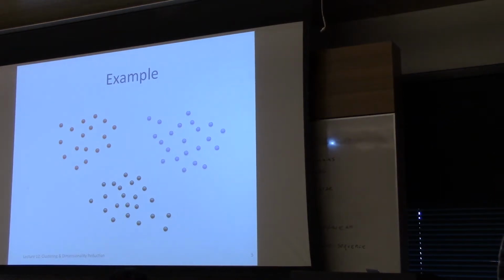The idea of clustering is, given just data points, think of these as just x's, and in this particular case, 2-dimensional x's, find the number of clusters and cluster the data points so that points within each cluster are more similar than points between clusters. Here, similarity is measured using distance within the raw feature representation.